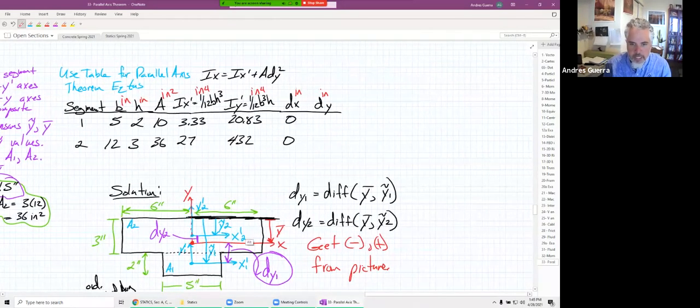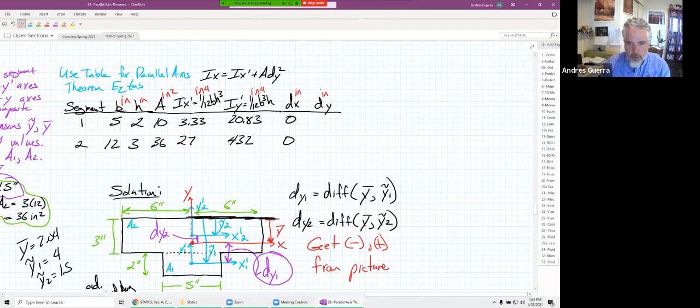So dy1, what's the difference? Remember, I'll write it over here. Y bar is 2.04. Y tilde 1 is 4. Y tilde 2 is 1.5. What's the difference between y bar and y tilde 1? Anyone? Thinking about this like an absolute value, right? Yeah, thank you, Morgan. It's 1.96.